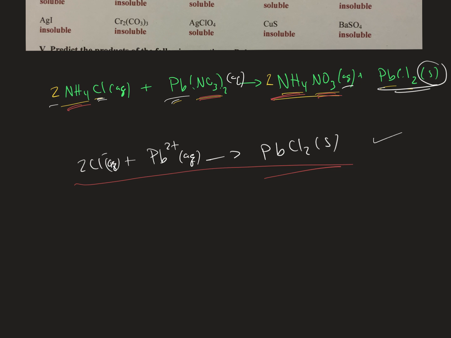It's a 1 minus charge. 2 of them make 2 minus. So this side has to be positive to balance this out. There's only one lead, which means it has a charge of 2 plus, and then they cancel each other.